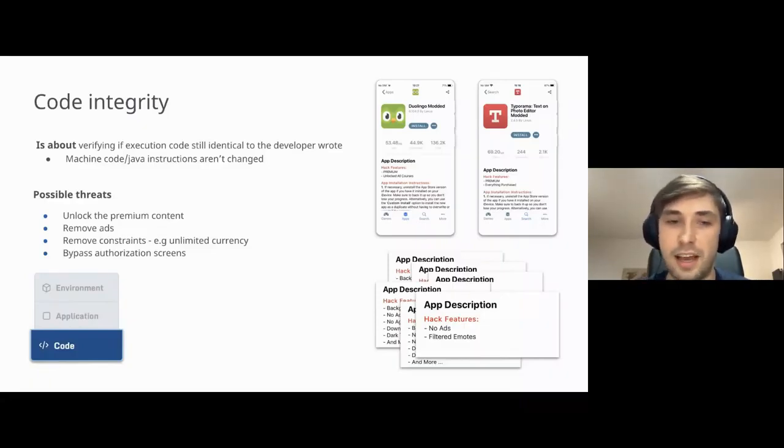And here we can see a few apps that were hacked. We already talked about Duolingo, but there is another app, Typorama, that allows you to add text on images with some filters. In there, you need to pay for different filters.